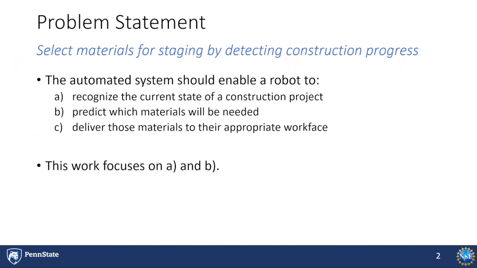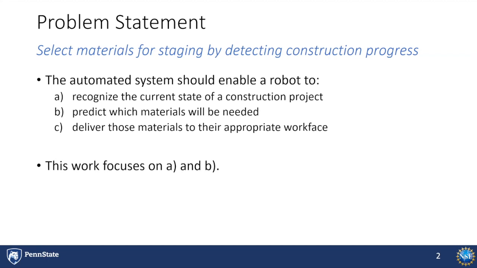So, as I was saying, our objective was to develop an automated robotic system that would be capable of performing the following tasks. Those are to recognize the current state of a construction project, predict which materials will be needed to provide further construction progress, and then lastly, deliver those materials to the appropriate work faces.